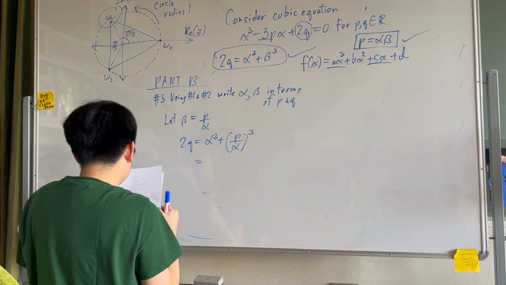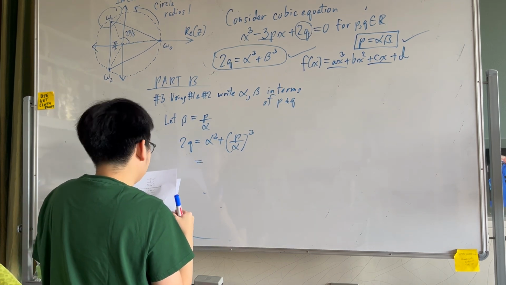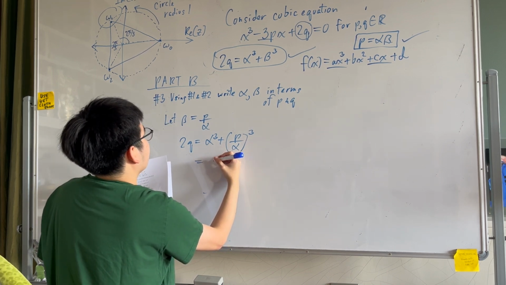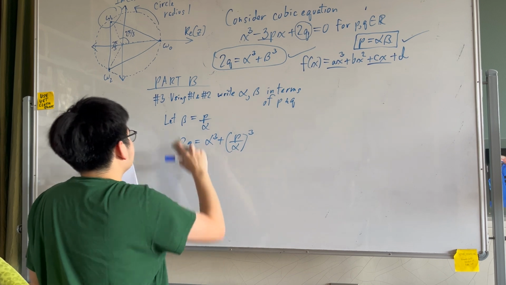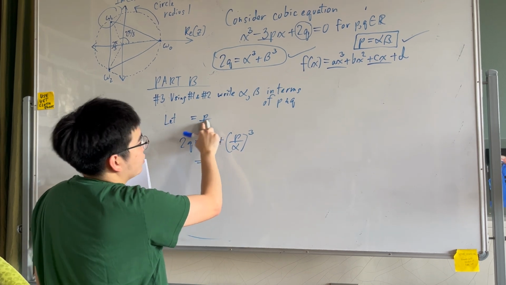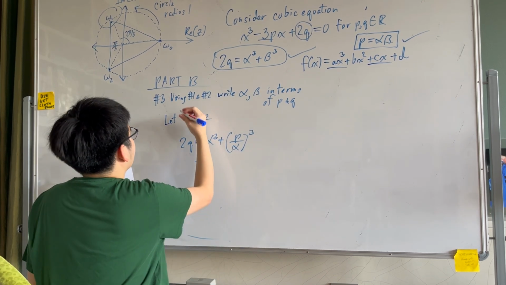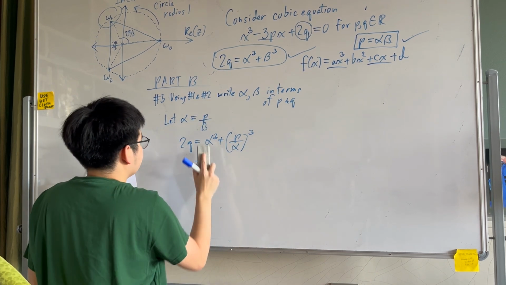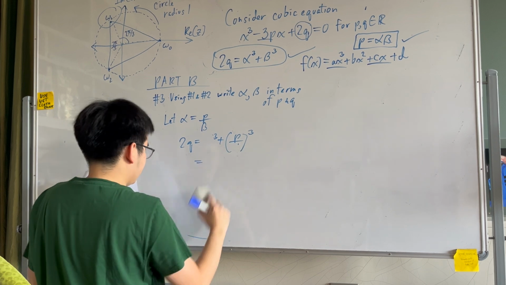Then we keep going with that, oh, I'm sorry, I did the other way around. I did in terms of alpha, but you can do the other way. I'm just making it consistent with my writing. Alpha equals p over beta. So then this is beta cubed, and this is a beta cubed here.